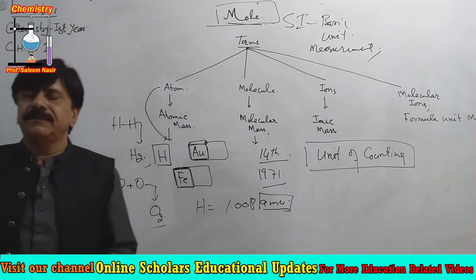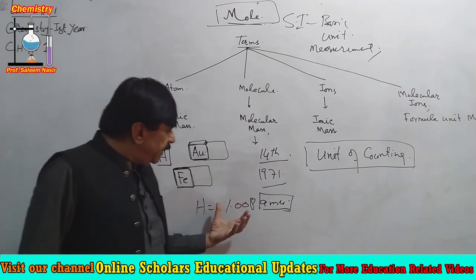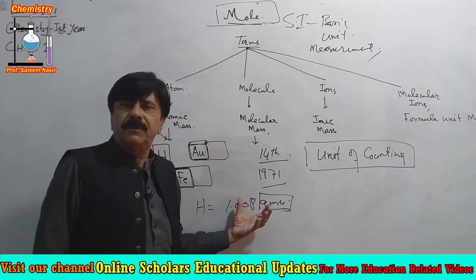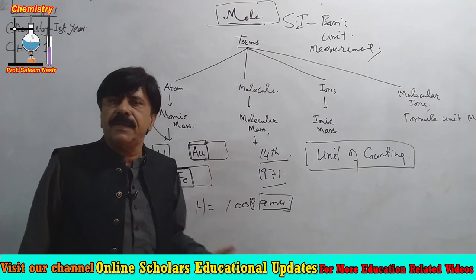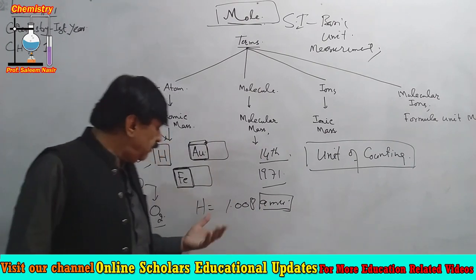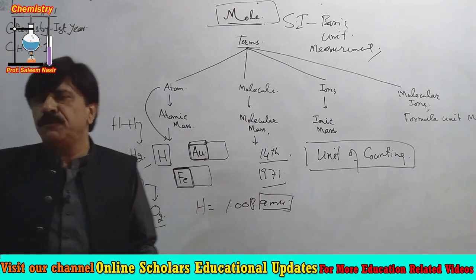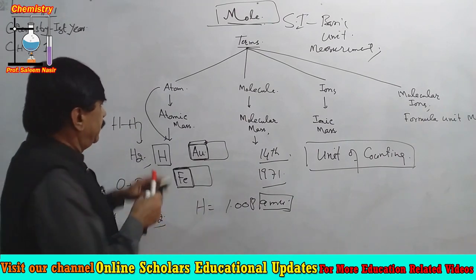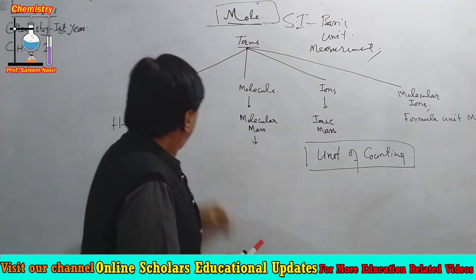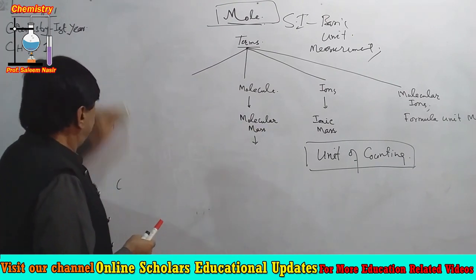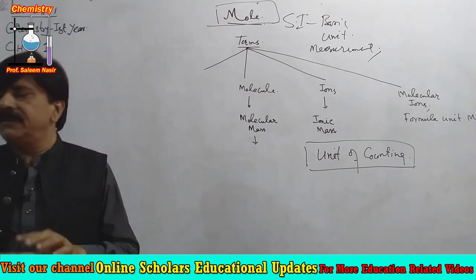Unit of counting means that in one AMU, how many atoms will be contained in one AMU of hydrogen. Then it proceeded further in terms of Avogadro's number.